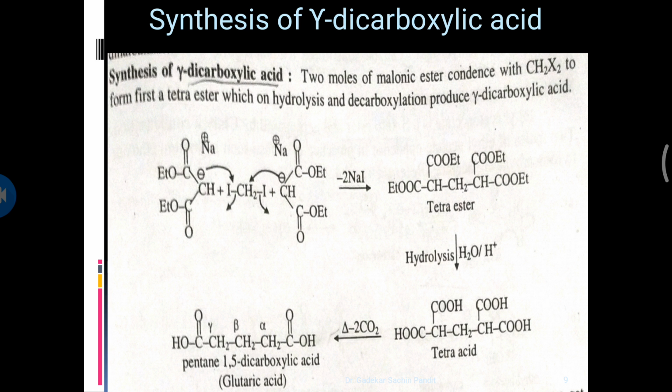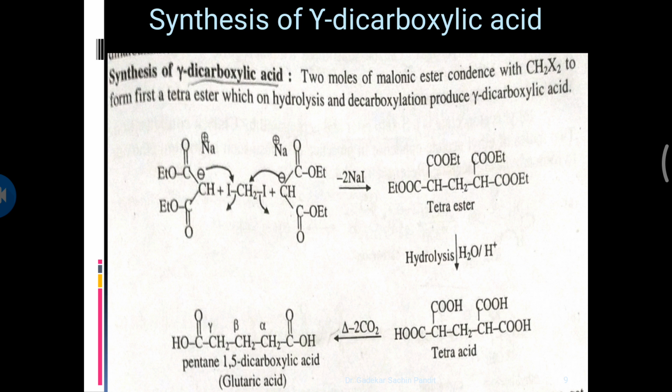So here is the synthesis of dicarboxylic acid using malonic ester. Okay, for the synthesis of glutaric acid, 2 moles of malonic ester are condensed with dihalomethane or dichloromethane to form a tetraester. Then this tetraester, on hydrolysis and decomposition, produces a dicarboxylic acid, glutaric acid.